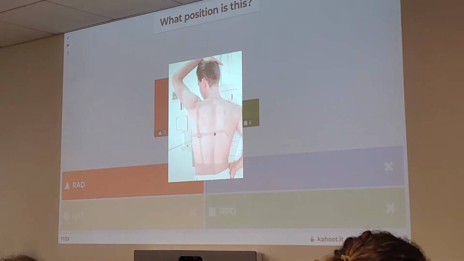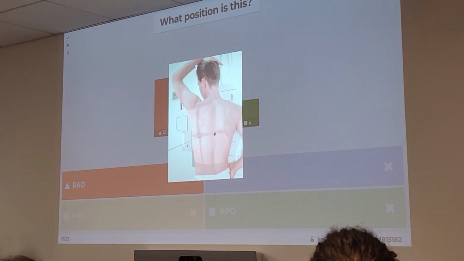And which one was elongated? Y'all tell me, which one's elongated in this position? The left side, yeah. Because for your PA obliques, you're gonna elongate the side that is up. So whatever's closest to the tube is elongated. Side up.